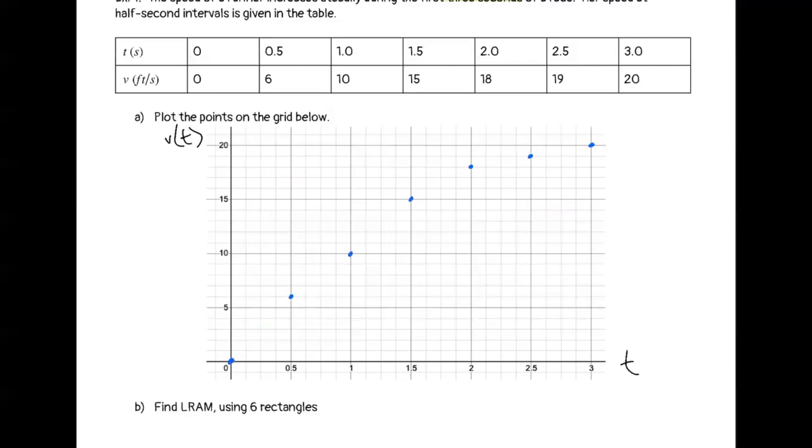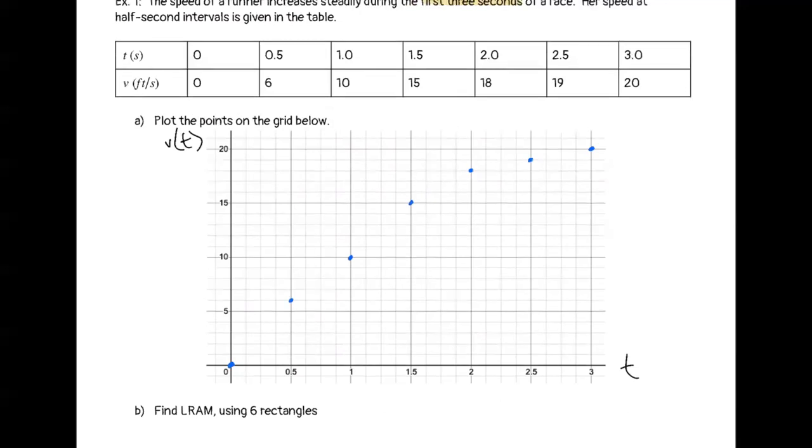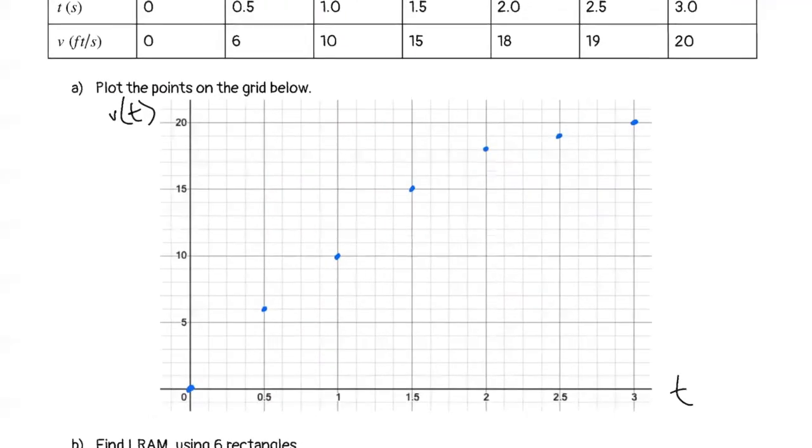But looking at this picture, before we find our LRAM and our RRAM, do you expect that the LRAM will give us an overestimate or an underestimate? Yeah, we think that LRAM is going to give us an underestimate. Now, an underestimate of what? I have a velocity graph, and I'm looking for the area underneath this velocity graph.